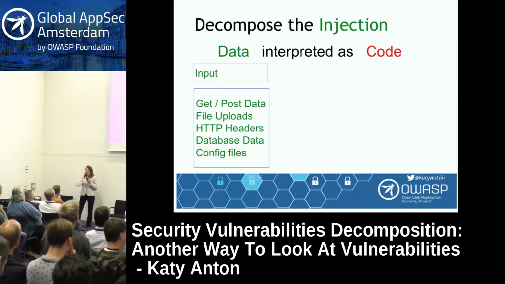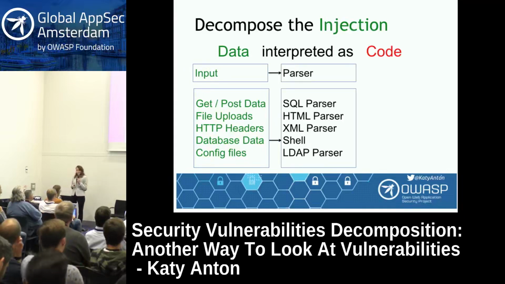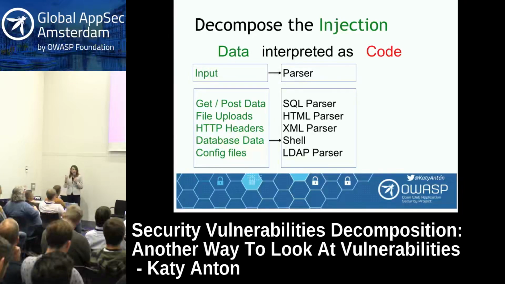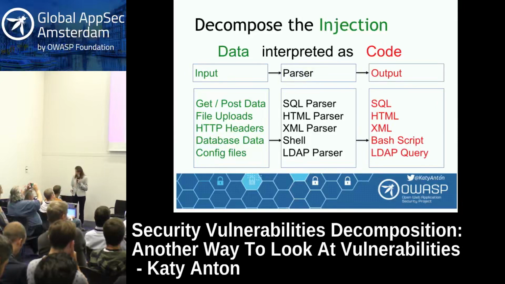So when data from all these sources is combined with a sort of syntax, that result is sent to a parser. When we want to store the data into the database, we send that result to the SQL parser. When rendering a web page, we send that result to an HTML parser or the browser. And that's when we end up with that data being executed as part of the code.